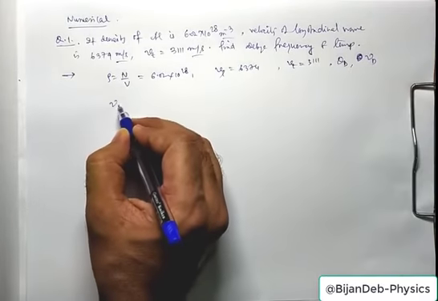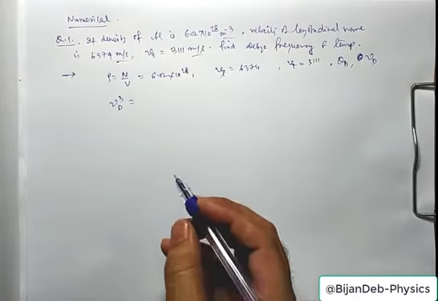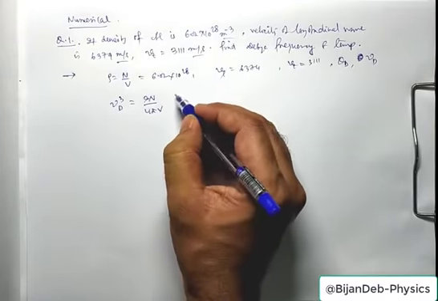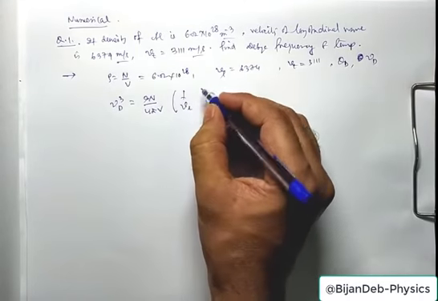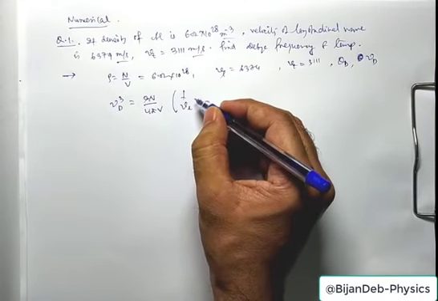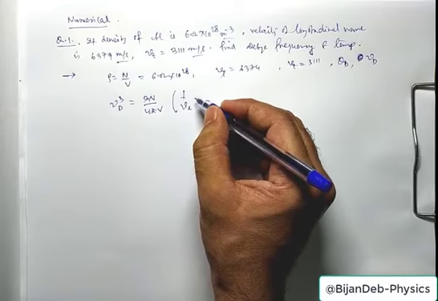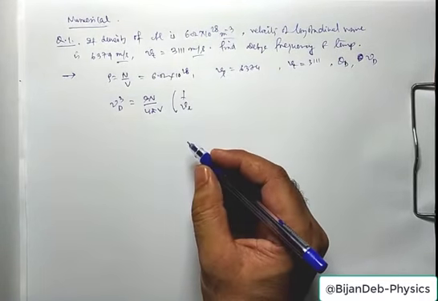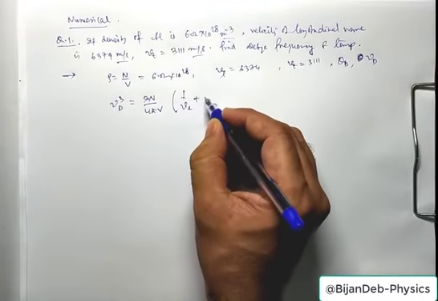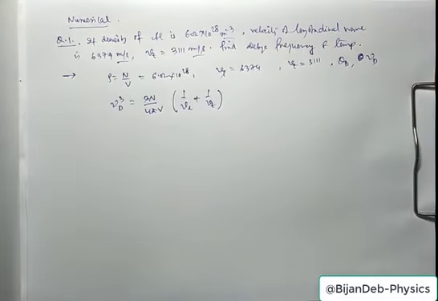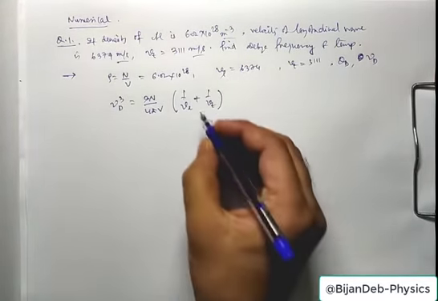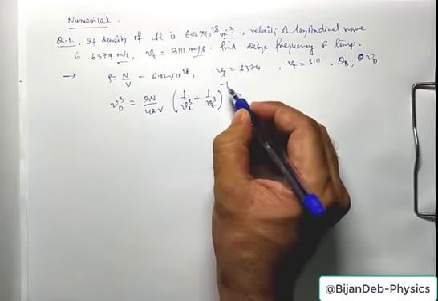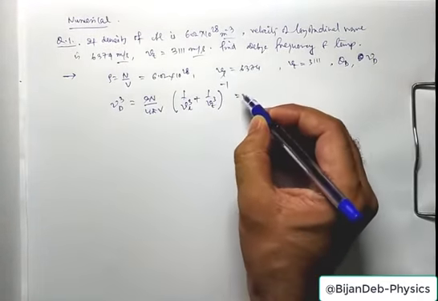So you know the Debye frequency cube formula: nu D cubed equals 9N by 4 pi V, times 1 by VL cubed plus 2 by VT cubed, whole inverse. Now you just substitute all values.